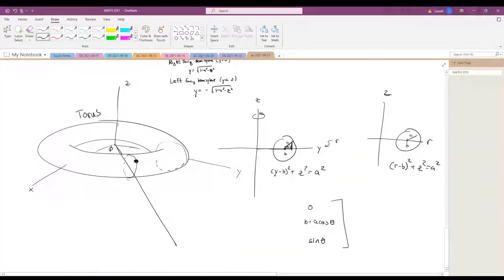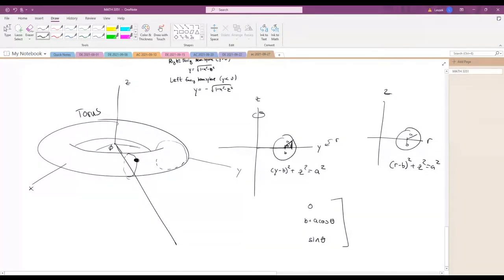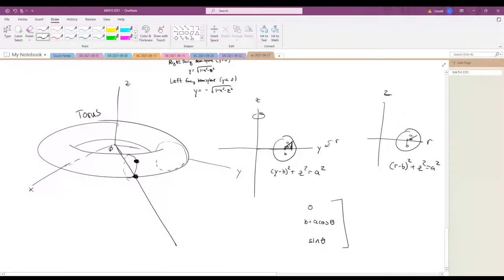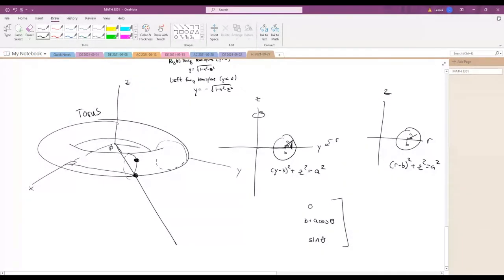So given a point on that circle for a given value of theta, it doesn't matter. How would you get the x component? And maybe for clarity, I'll just pick a point here just so the illustration looks better. So how would you get the x component?